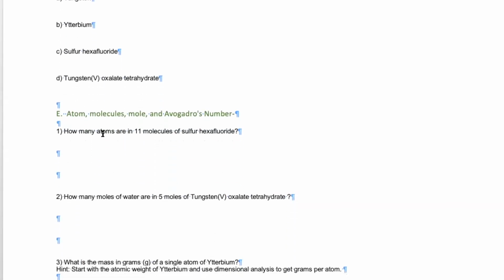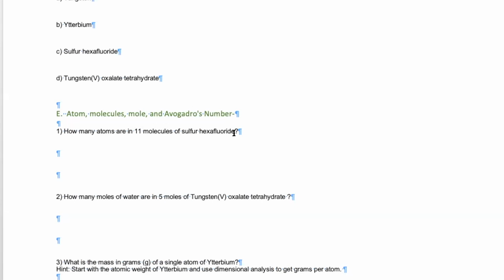This right here, how many atoms are in 11 molecules of sulfur hexafluoride? Let me give you a similar example, okay? Because a lot of people will look at this, and because you don't understand the definition of a molecule, or at least it's hazy, it's going to drive you crazy, okay? But it's really not that hard.